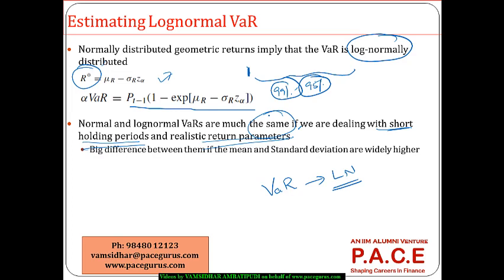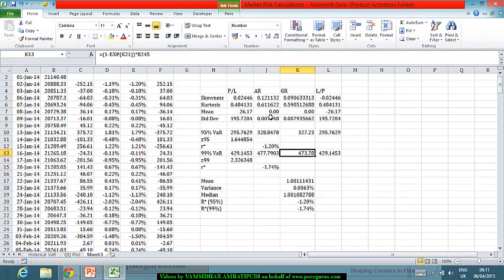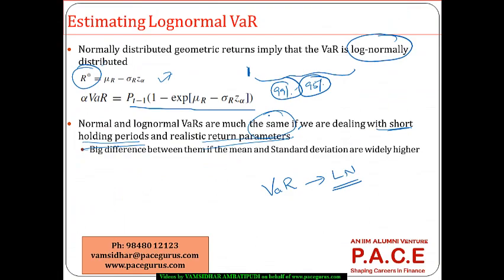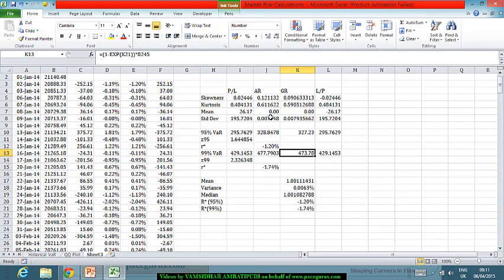But as long as the returns and the holding periods are realistic in nature, whatever mechanism we use to compute the value at risk, the normal way or the log normal mechanism, both of them would lead me approximately to a similar result. The big difference will come if the mean and the standard deviations are widely deviating.